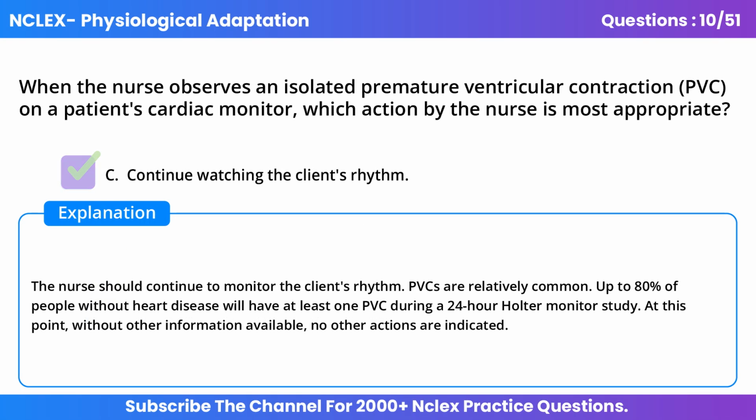The nurse should continue to monitor the client's rhythm. PVCs are relatively common. Up to 80% of people without heart disease will have at least one PVC during a 24-hour Holter monitor study. At this point, without other information available, no other actions are indicated.